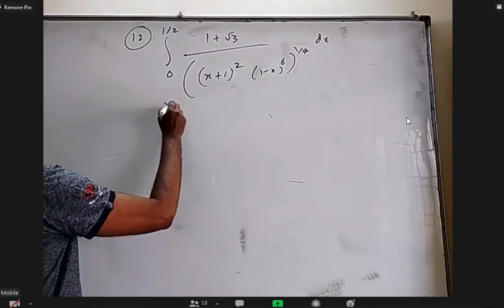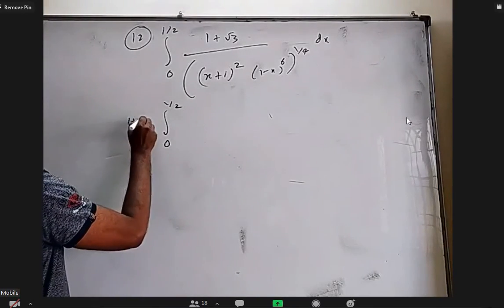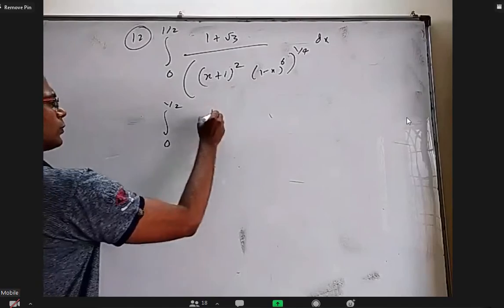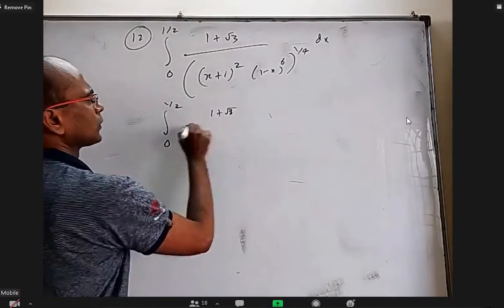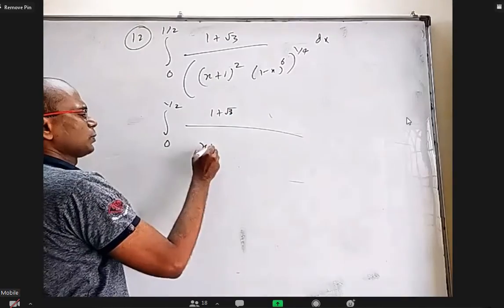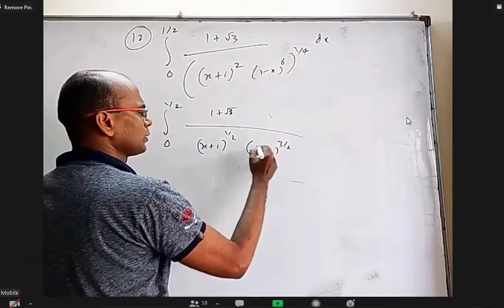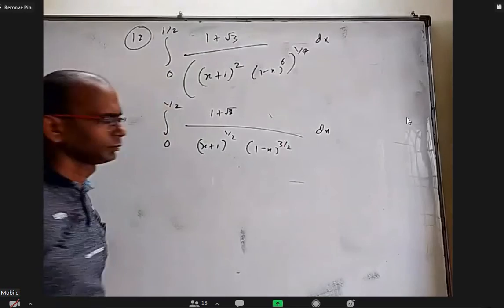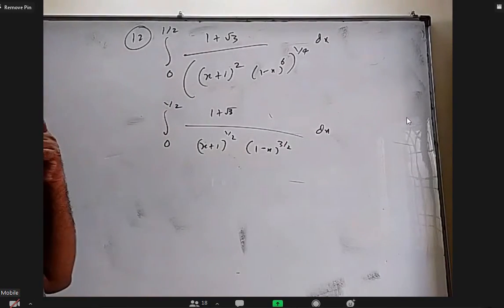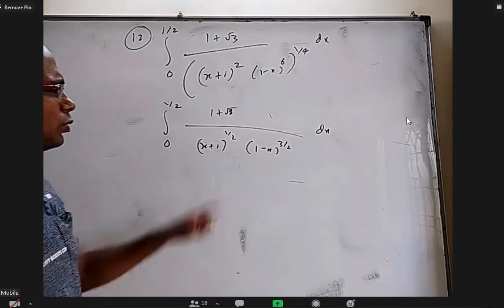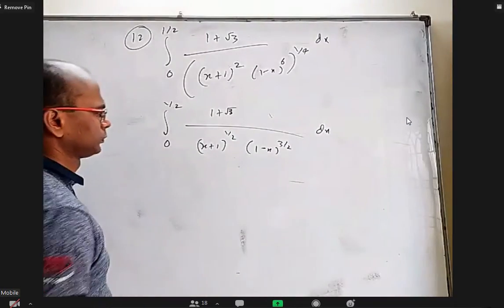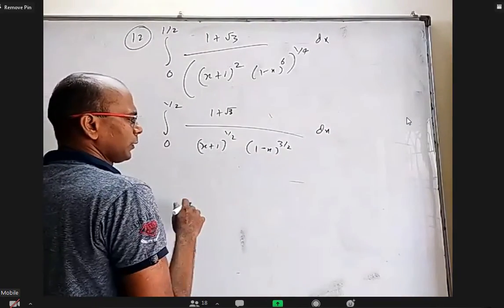Integral 0 to 1 by 2, 1 plus root 3 by, this integral is okay. This is x plus 1 whole power 1 by 2. This is 1 minus x power 3 by 2 dx. So what to do? You can do either way.